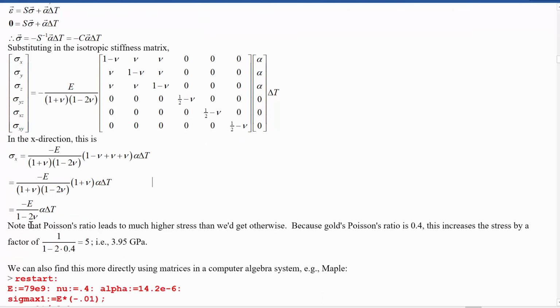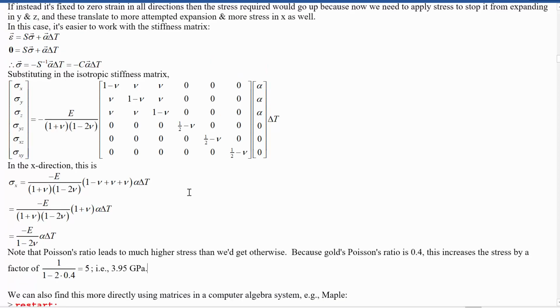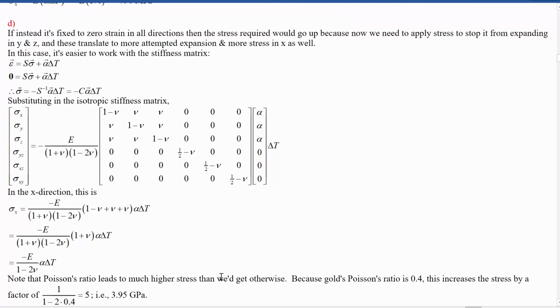Okay, for gold, nu is 0.4, so this is 1 minus 0.8, and when we divide by 0.2, we get multiplying by 5, which tells us fixing it in the other directions leads to 5 times more stress that shows up than otherwise would.